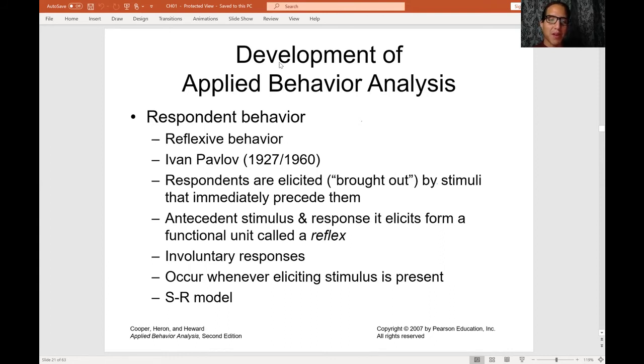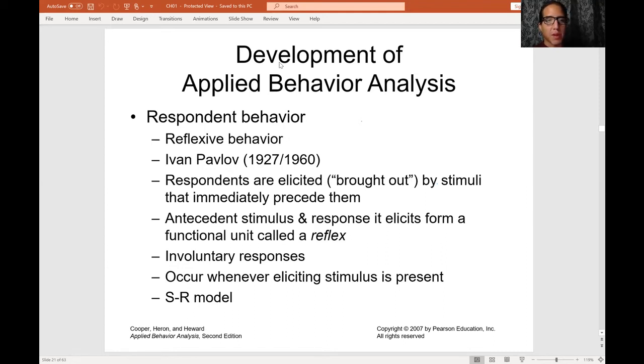Ivan Pavlov was the one who brought this up. He said that responses are elicited, they are brought out by stimuli that immediately precede them. And the thing about eliciting and brought out is that these are reflexes, right? So we're talking about things that are generally not in our control.